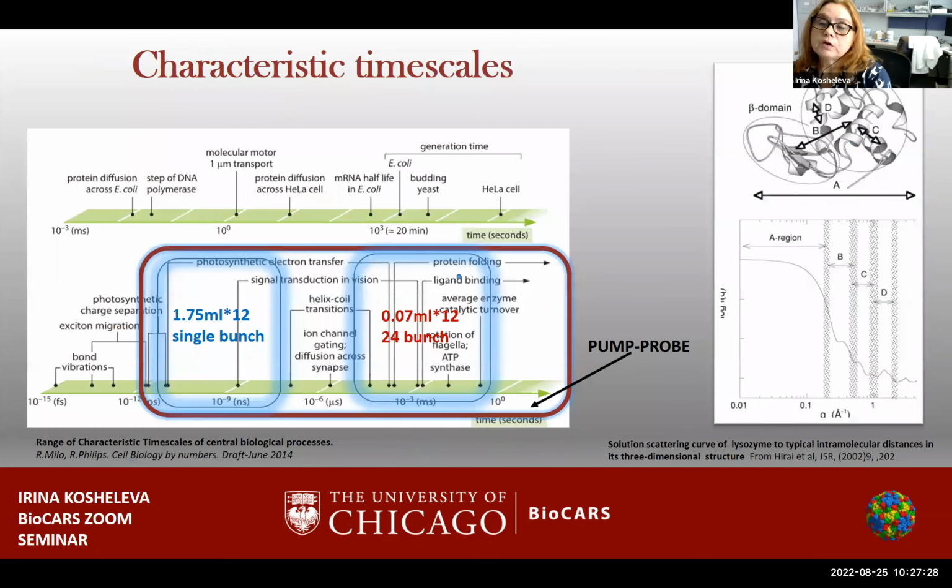Going further, if I go back to the characteristic time scale, so instead of 250 milliliters for the data collection from 12 data points, we can see that it is like 15 milliliters perhaps, and also below 1 milliliter for 24 bunch mode.